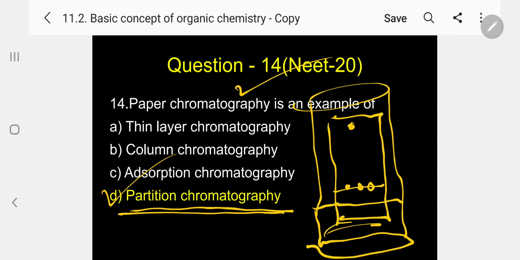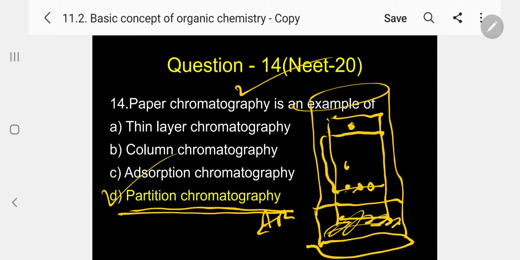So what will happen now when we take a suitable solvent? This is the spotted plate, with the mixture of substances you want to identify. When the solvent moves, it will carry the mixture of substances. Suppose there are two, A and B. When the solvent reaches a particular edge, this is the distance moved by the solvent.